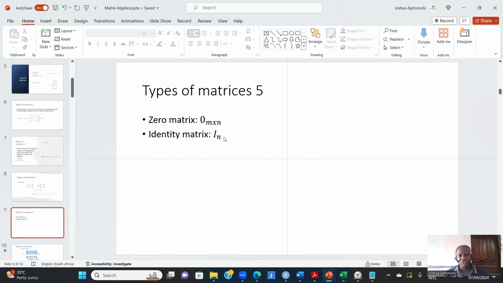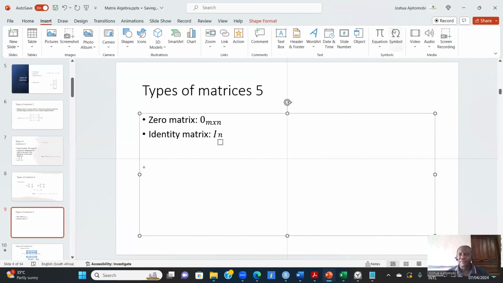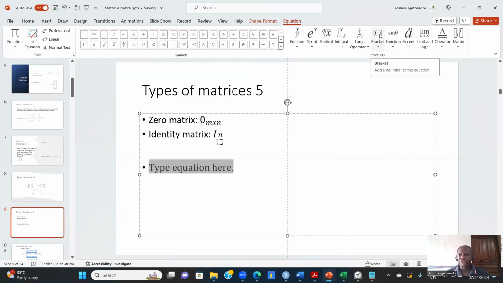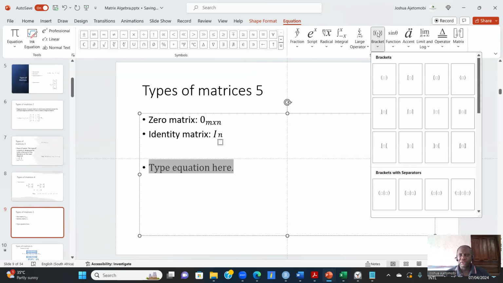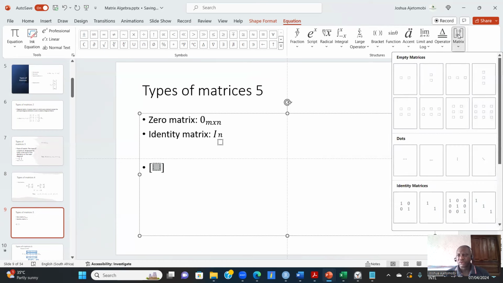So let me illustrate with a 3 by 3 matrix, for instance.